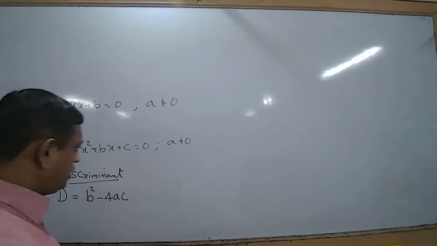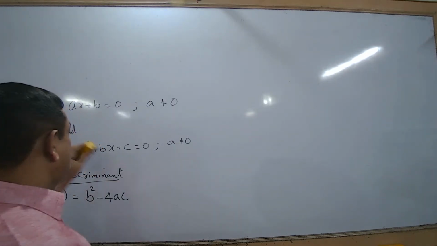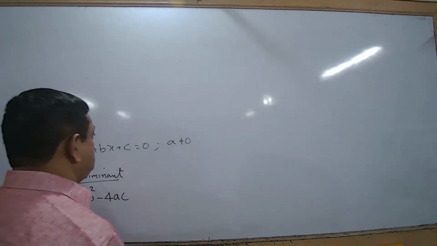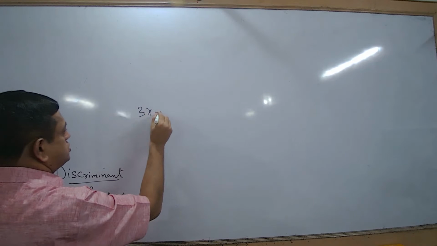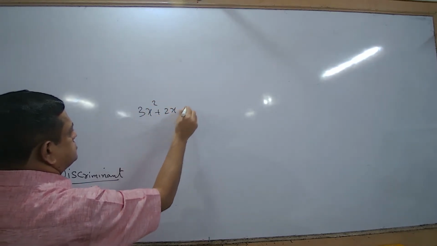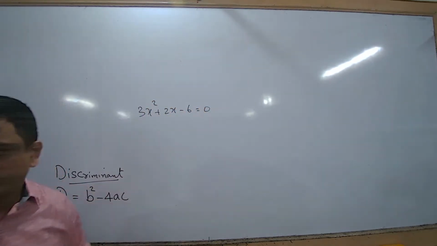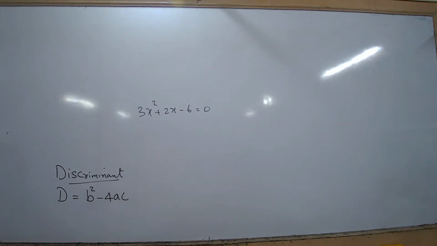Avi, what is the discriminant? B square minus 4ac. So what is the discriminant of this equation? Just calculate.